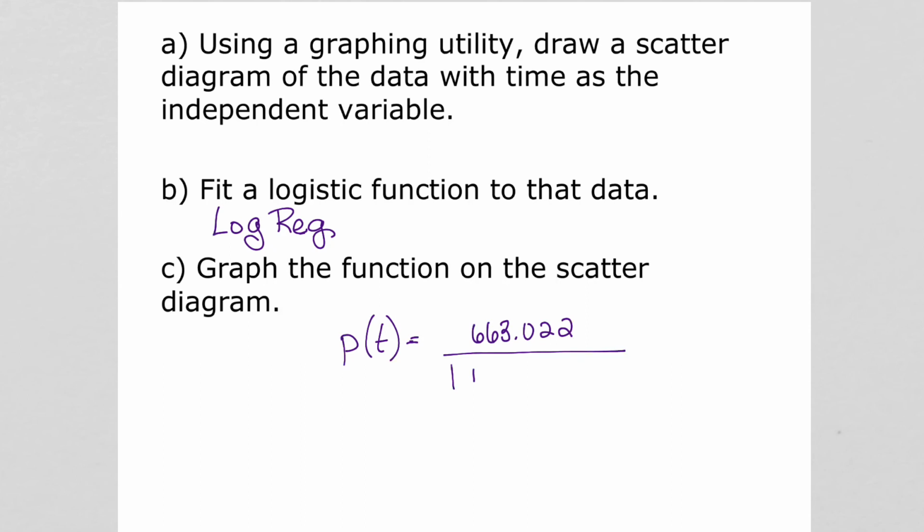And then we have 1 plus, and then it gives you this number, 71.57 times e to the, and then it gives you this number, negative 0.547. Those three numbers here are all given to you when you do the logistic reg.